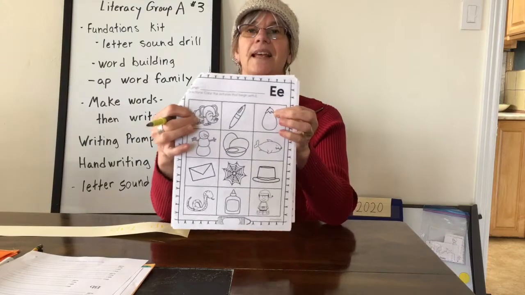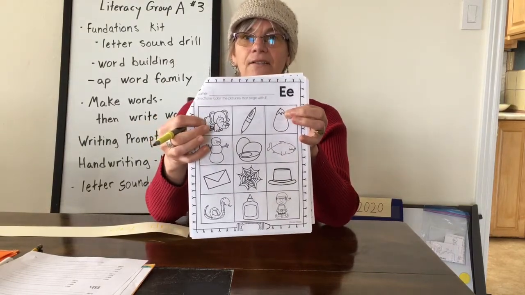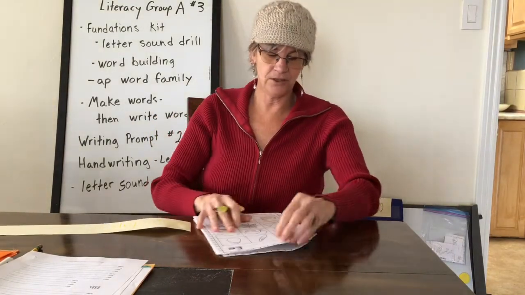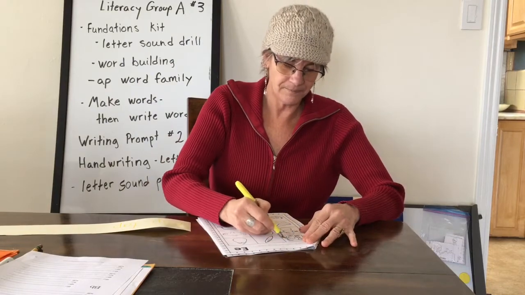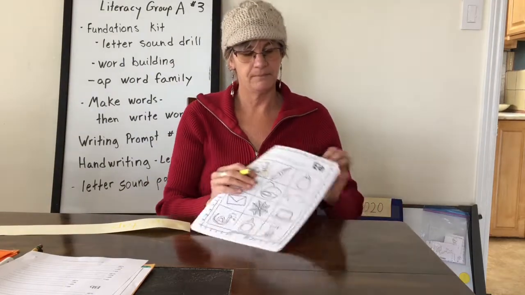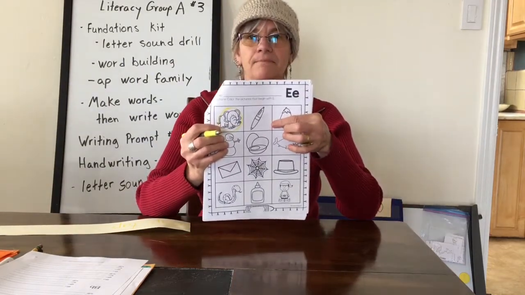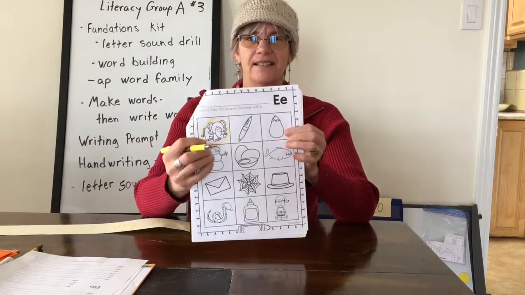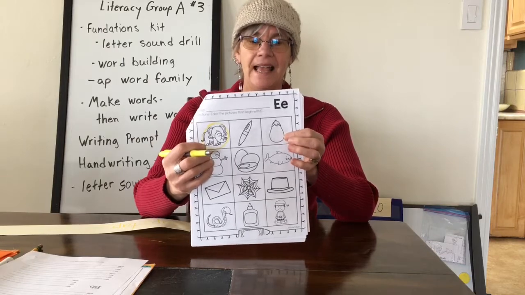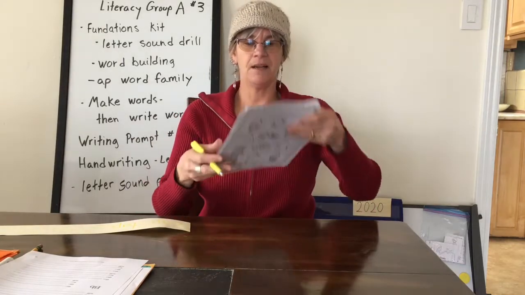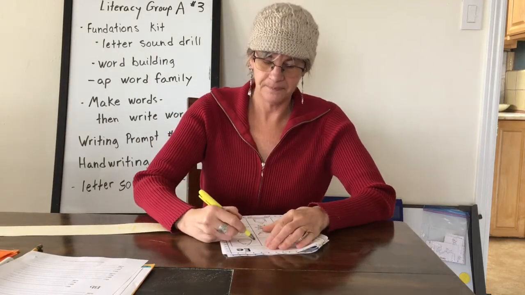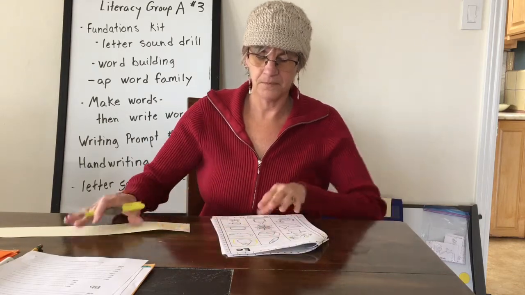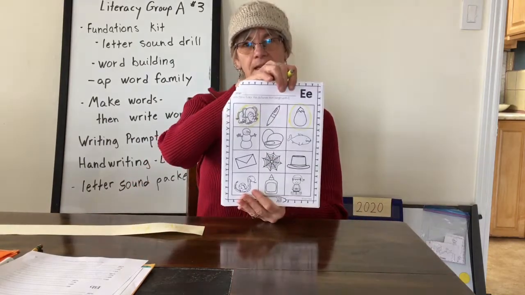Which ones start with E, E? Elephant. I'm going to circle elephant. P, pen. Does that start with the E sound? No. What about this? This is eggplant. Yes. So it starts with E. I'm going to circle that. Do 3 pages of this packet.